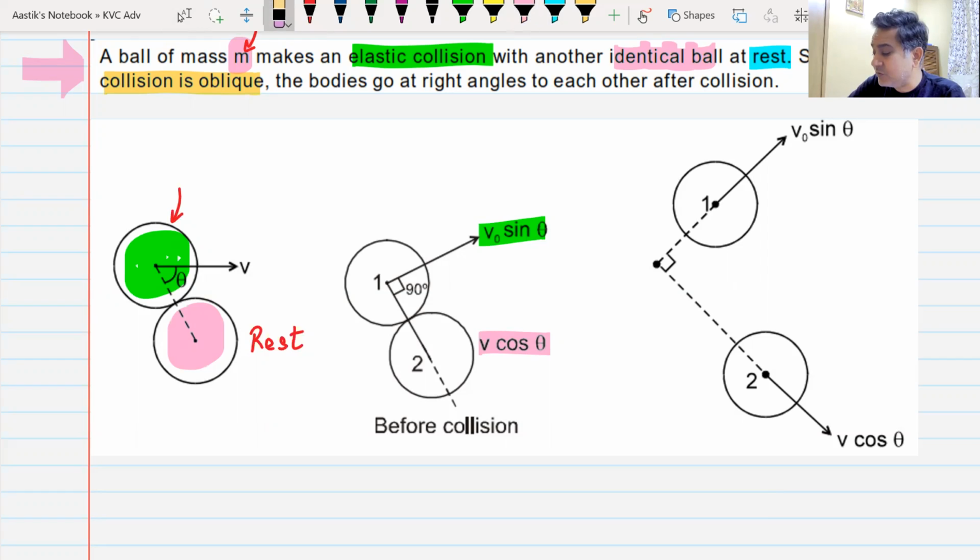They have written before collision. Before collision, they were at rest. This is before collision. Do we understand this? And this is after collision. Do we see this? Yes or no?